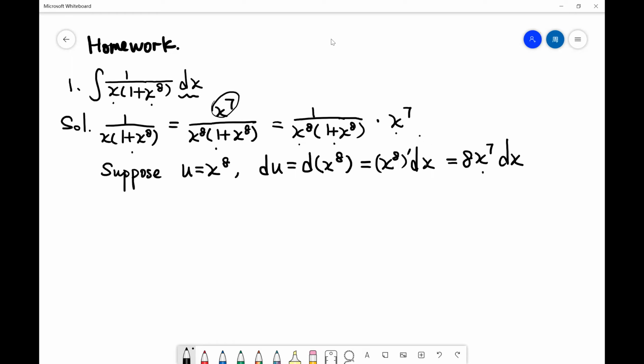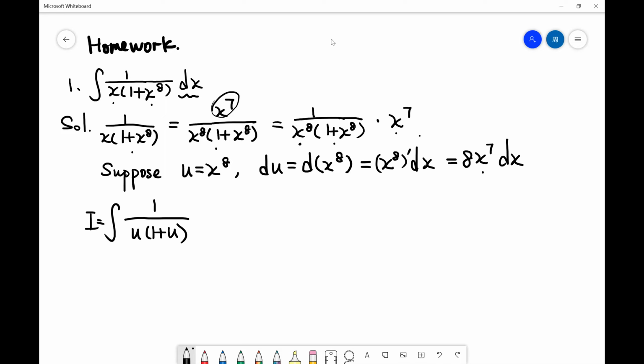So the integral should be 1 by this part, that is u, and this part, that is 1 plus u. So u times 1 plus u means x power 8 times 1 plus x power 8, right?